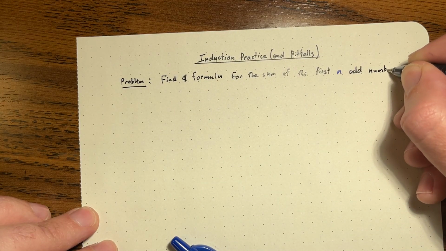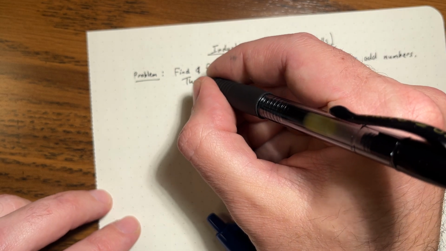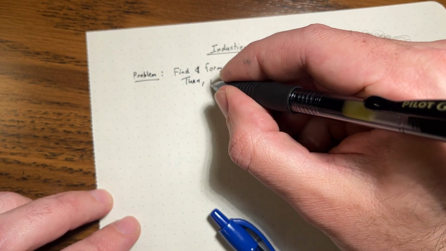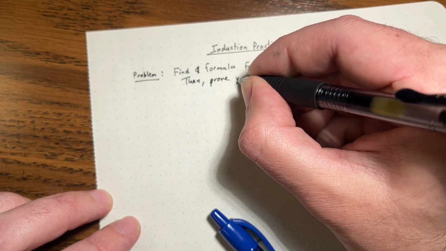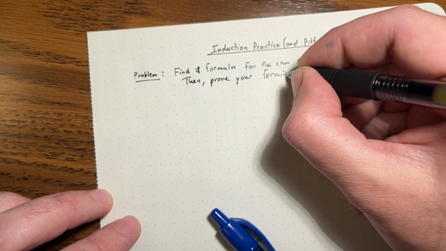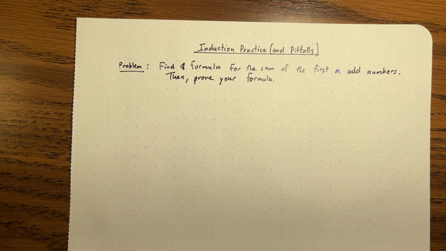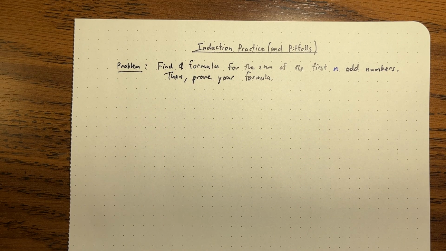So some formula in terms of n. Then see if you can prove your own formula. I'll give you a chance to think about this and pause the video if you want to, then we'll come back.